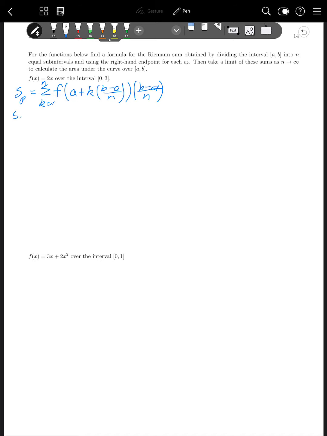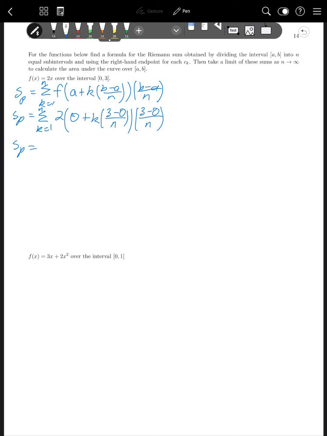So in this case, our f is going to be 2 times whatever's inside. So our a is 0, k is the variable, our b is 3, a is 0 over n, and then b minus a over n.